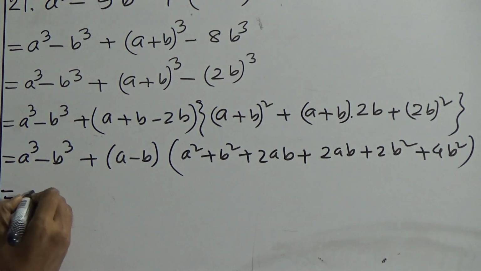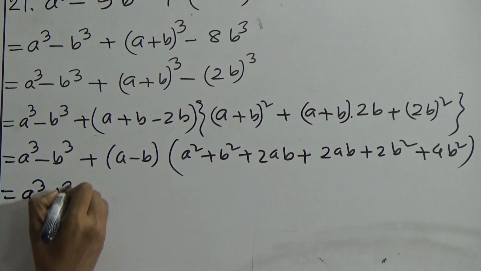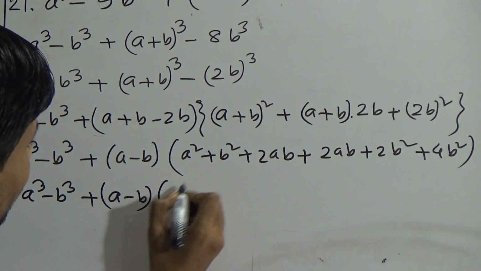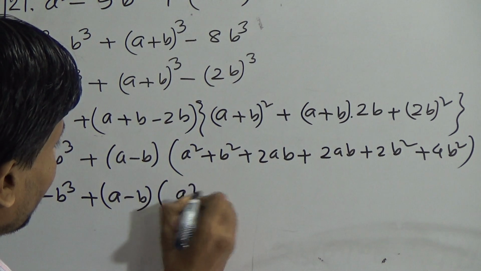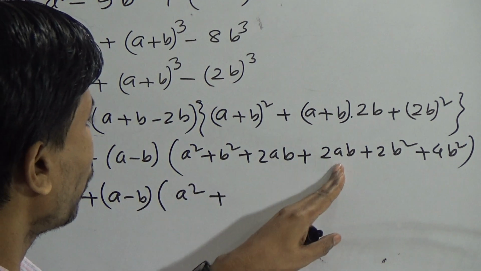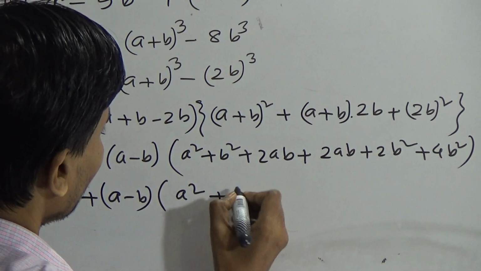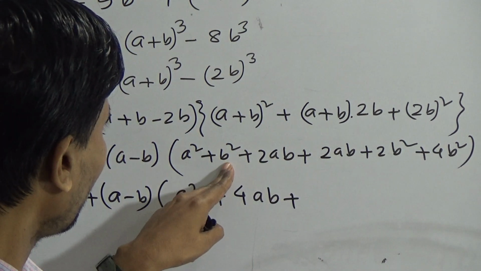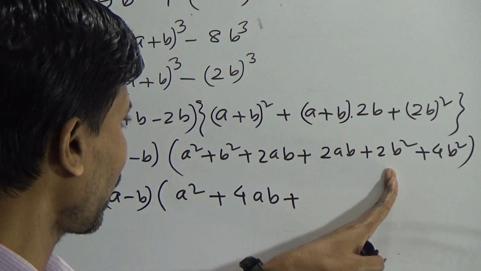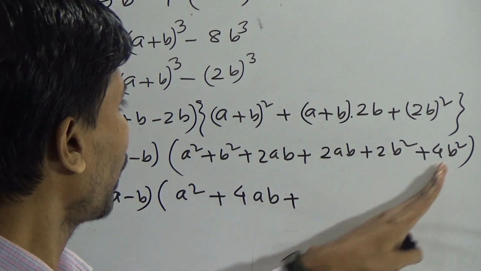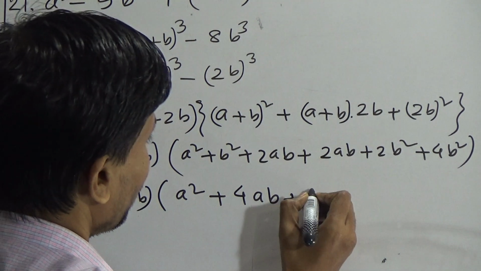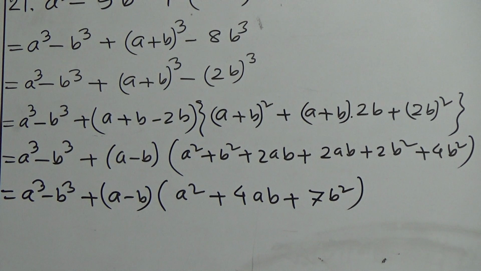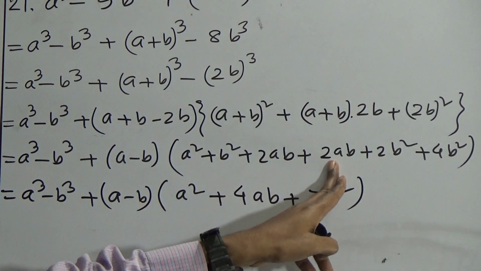Now a square plus 2ab means 4ab. Look, 1b square, 2b square means 3b square, 3b square plus 4b square equal to what? 7b square. 2ab, 4ab.